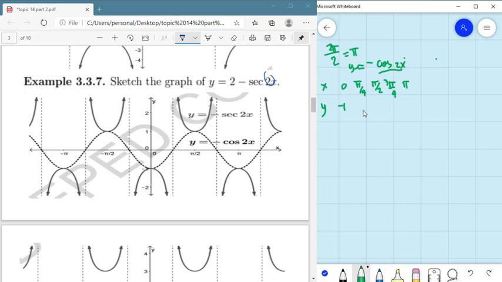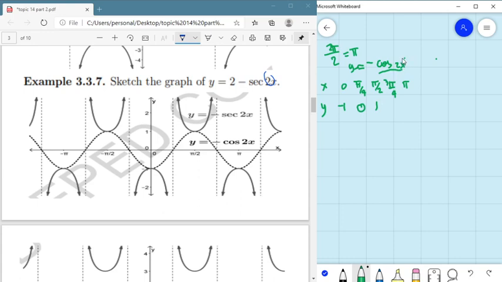Then, at pi over 4, cosine of 2 times pi over 4, that will be pi over 2. So cosine there is 0 times negative is 0. Then pi over 2 times 2 is pi. Cosine of pi is negative 1 times negative, so it becomes positive 1.